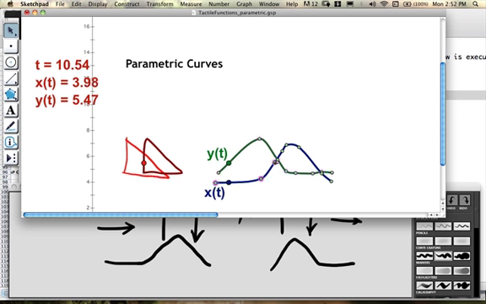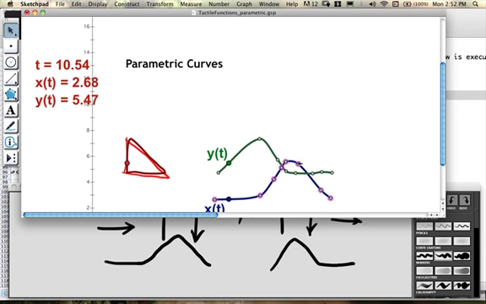If I collected the points that control the x function, and if I moved all of these to the right a little bit, then the vertex would move to the right. If I move them down a little bit, the locus would move to the left. So I'll try to move them down a little bit, again being careful of the horizontal movement as it relates to the y values.